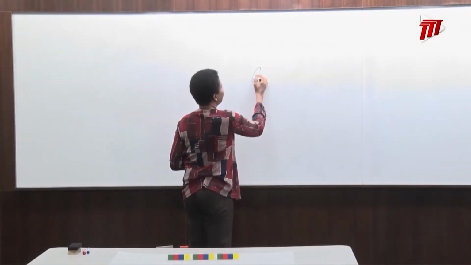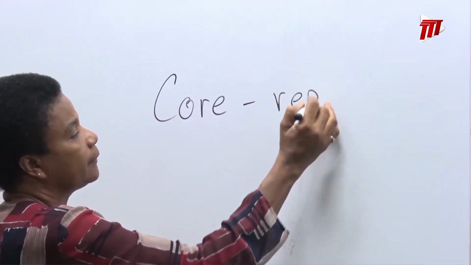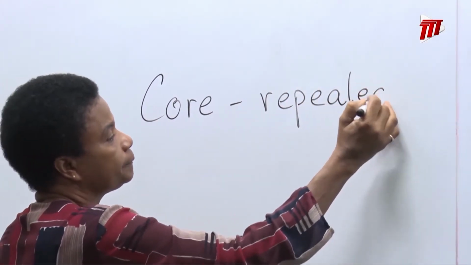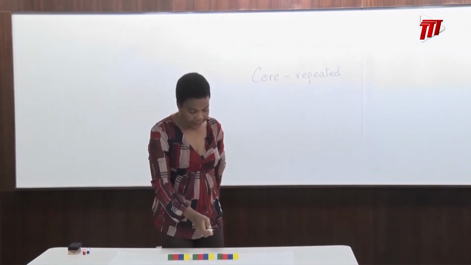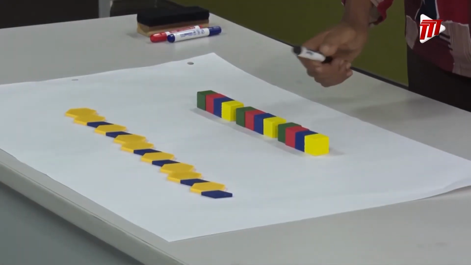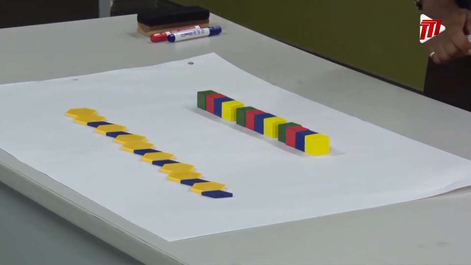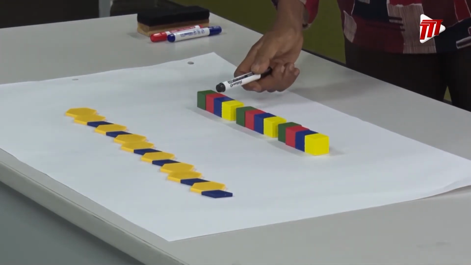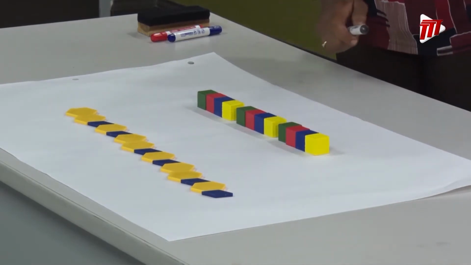So the pattern that's repeated is called the core. If you look closely, you will see yellow, blue, red, green, repeated, yellow, blue, red, and green, and repeated yellow, blue, red, and green. So we have a repeated pattern of colors.